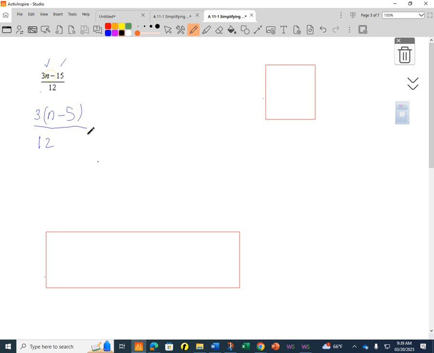Our next step says to set any factors in the denominator that have a variable equal to 0. But we don't have any variables in the denominator. So then we go ahead and cancel. We have no excluded values. If there's not a variable in the denominator, there are no excluded values.